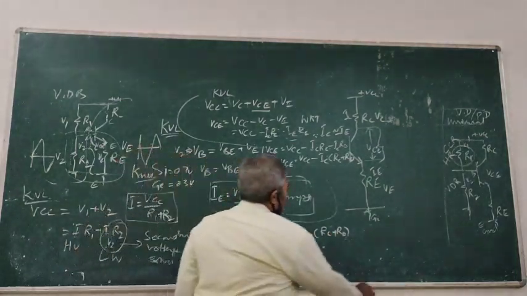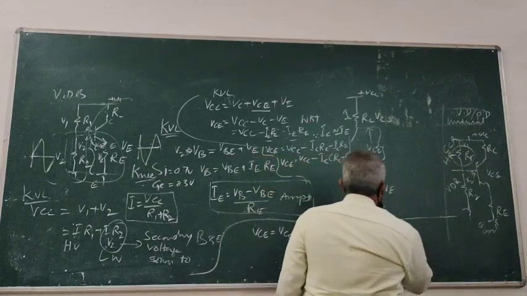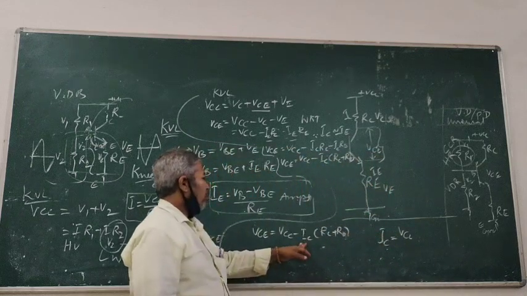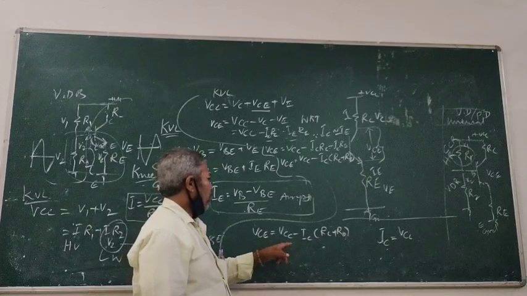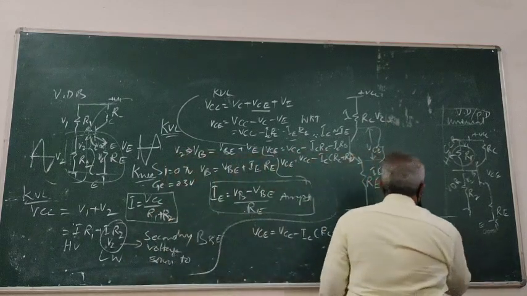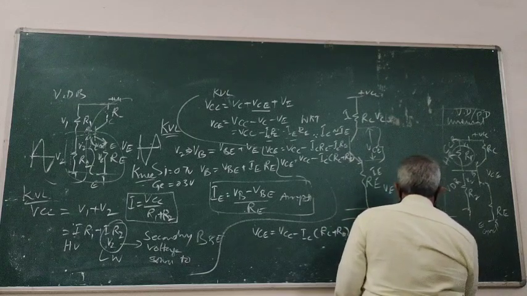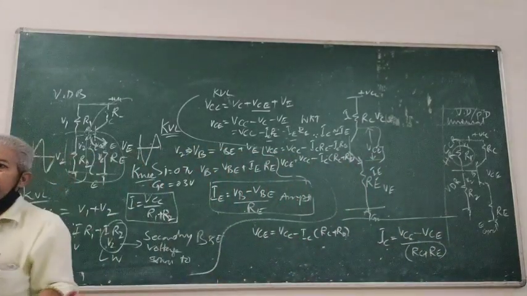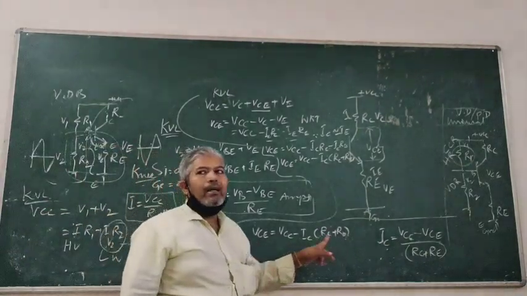And the other thing is IC equal to VCC minus VCE divided by RC plus RE. This minus is correct. Okay. So two things will get generated: VCE and IC.